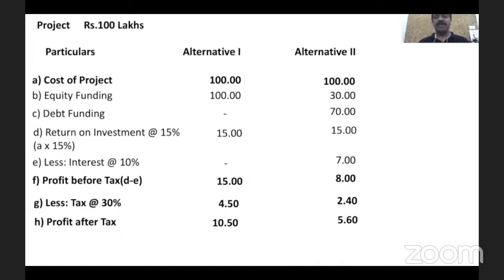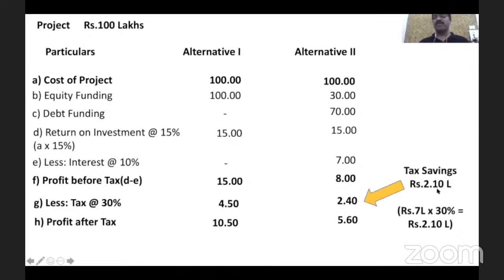But in scenario 1, my profit is 15 lakhs, I have no other expense, so my entire profit of 15 lakhs is subject to tax at the rate of 30%. So by having the presence of interest in my cost structure, what is happening? My profits are comparatively lesser, and so are my taxes. Look here, instead of 4.5, I'm paying only 2.4. It means there is a tax saving of how much?